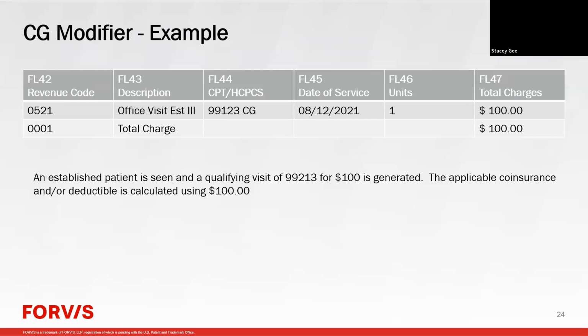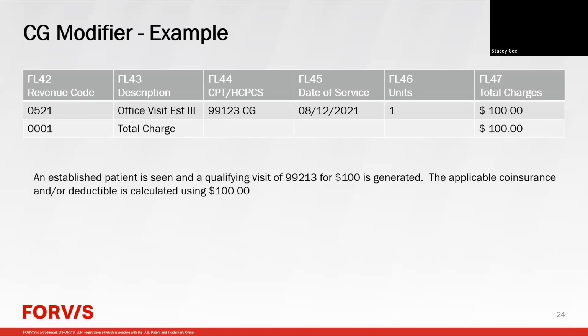Okay. So this is an example of what your claim form might look like. It's just a snippet of the service lines. It doesn't include the header or the payer or anything like that. So this is an established patient that was seen, and a qualifying visit of a level 3 established patient is generated for $100.